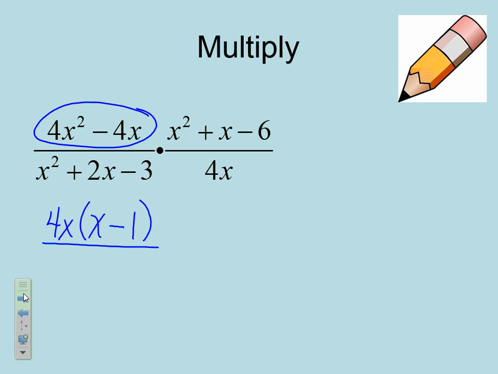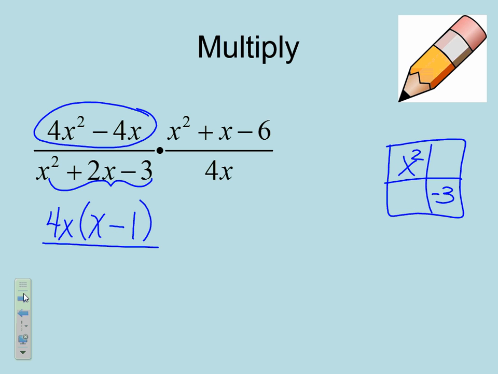Now in the bottom here, this is a trinomial. This would be a situation where we would go ahead and take the a times the c, what multiplies to make -3 and adds to make +2. Now in this case, -3, +2, let's see, what multiplies to make -3 and adds to make +2? How about 3x and -1x here?